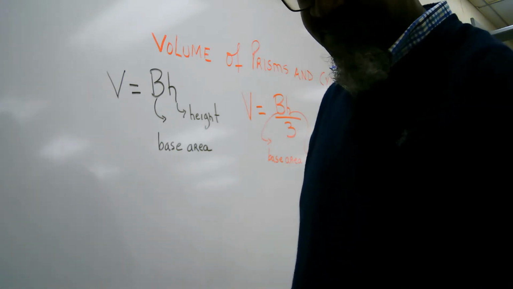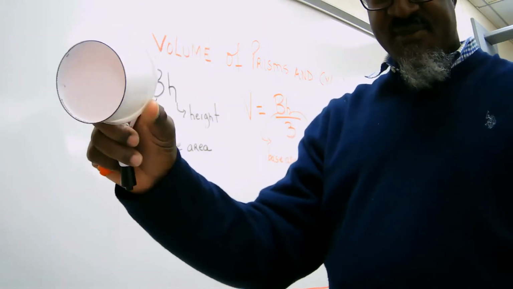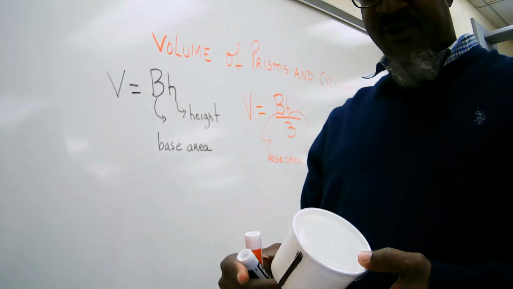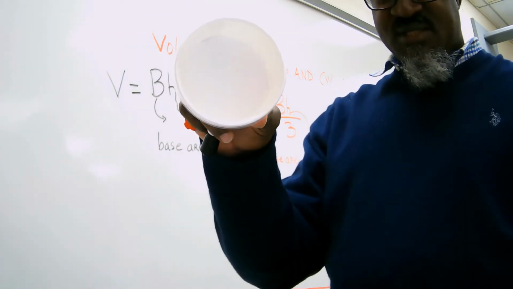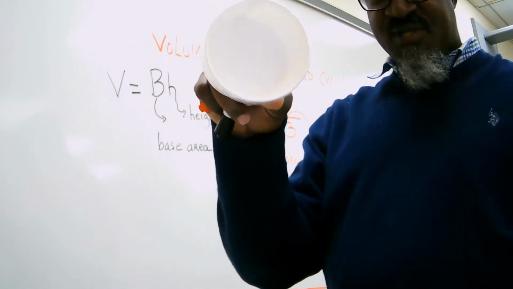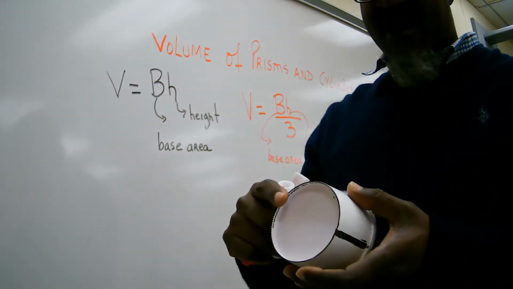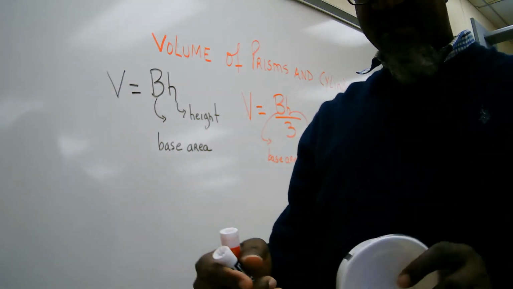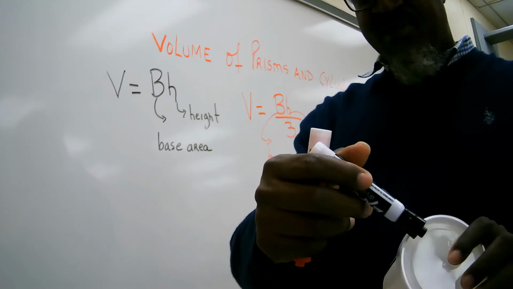So this is what you call a cylinder, a cylindrical form, right? The base is a circle. The bases are circles, so you will have to know how to find the area of a circle, right? And the height is located between the bases, both top and bottom.